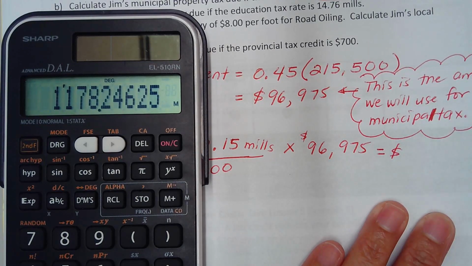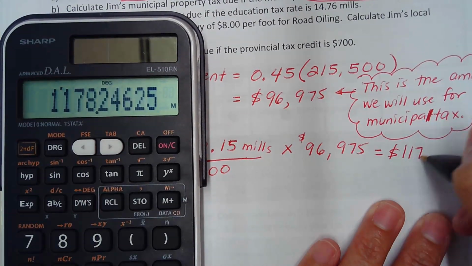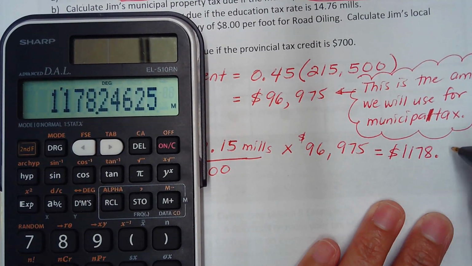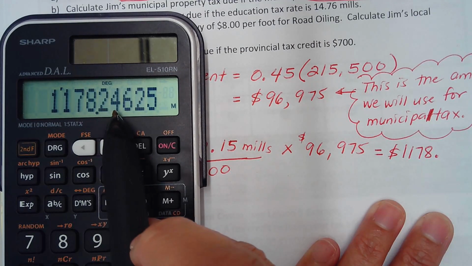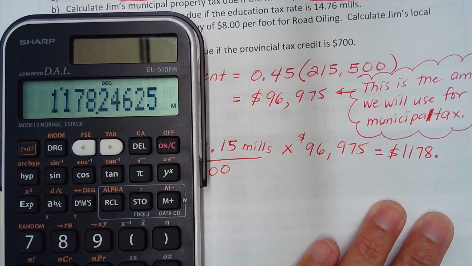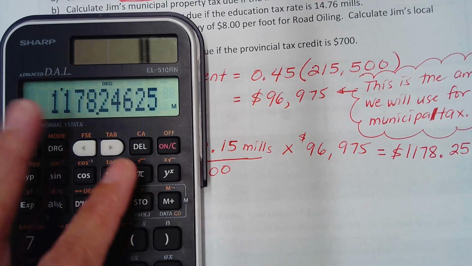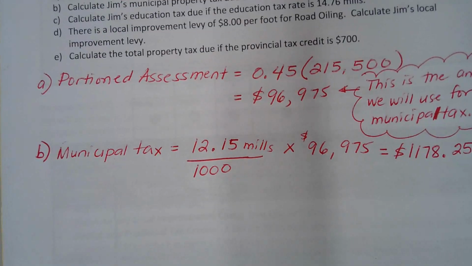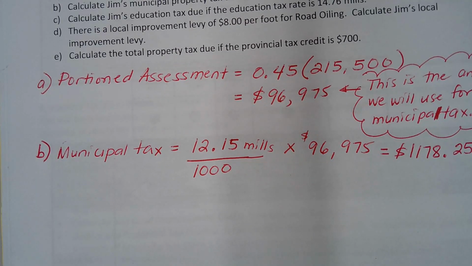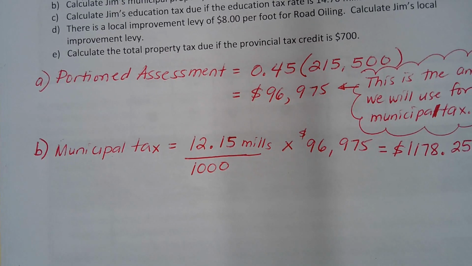Rounded to the nearest cent, right? So it would be $1,178, and here 24. The third number is 6, so we have to round it up to the next number, which is 25 cents. Is that okay? So far so good? Yeah. So we figured out the portion assessment because the municipal tax is based on portion assessment.